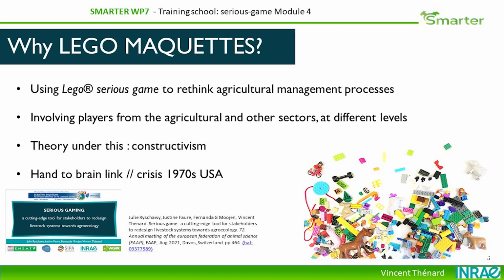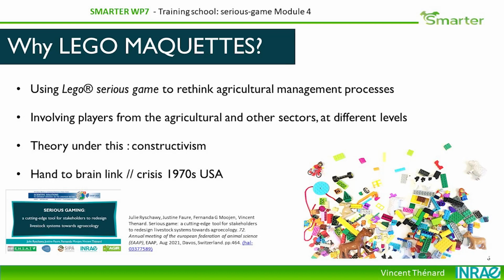Using a Lego serious game to rethink agricultural management processes involves players from the agricultural and other sectors at different levels, and the theory underlying this work is constructivism. That means it's to think how it's possible to build a new approach and redesign the socio-technical dimensions. And it's a hand-to-brain link.